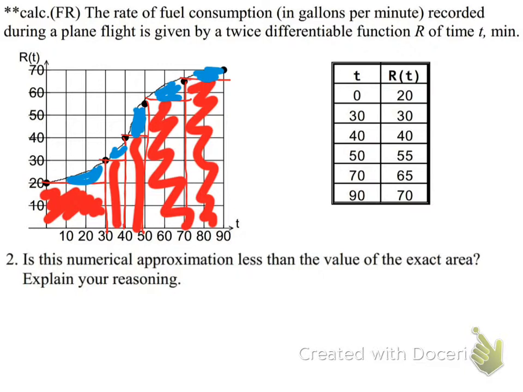And we talked about this a little bit in class when we looked at the pattern. Since r prime of t, or my slope, is greater than 0, or it is increasing, right? My derivative is increasing.